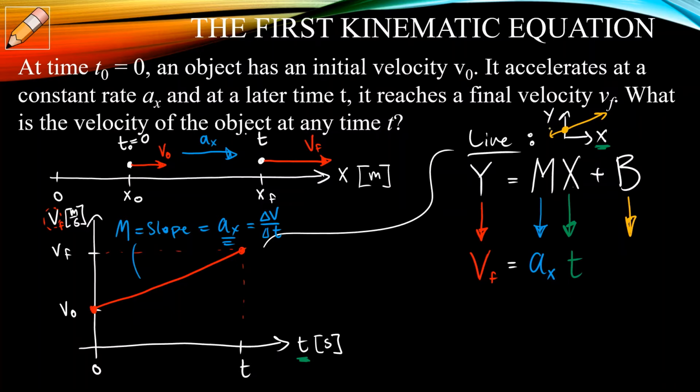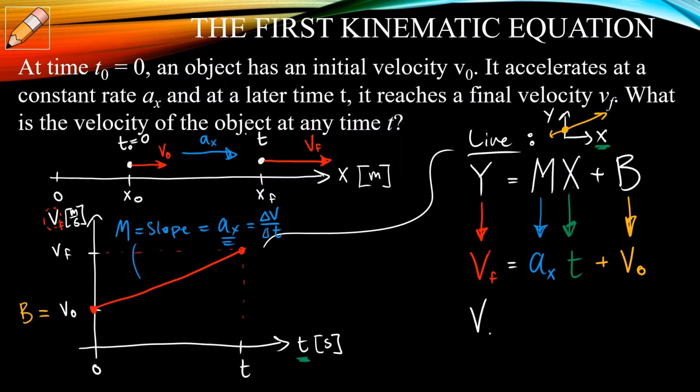So for us, b is representing the initial velocity. It's representing what the object's velocity is at time t equals 0. So instead of having b, we've got the initial velocity. And that right there is the first equation of motion that we want to have.